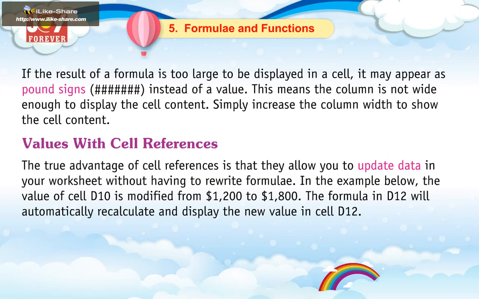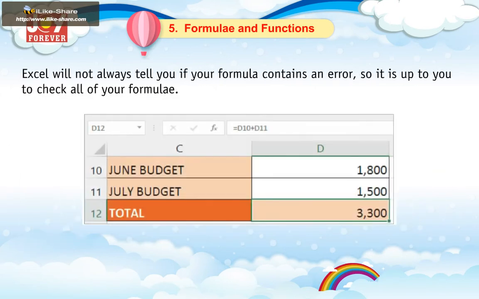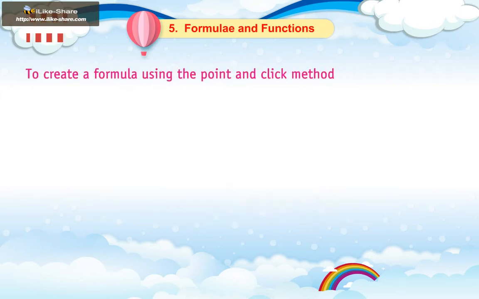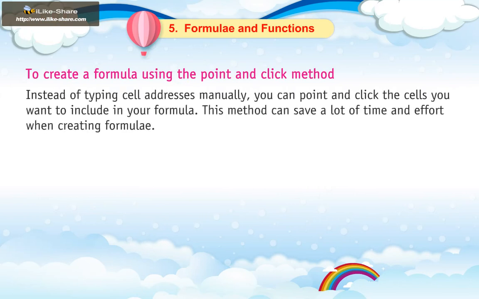The formula in D12 will automatically recalculate and display the new value in cell D12. Excel will not always tell you if your formula contains an error, so it is up to you to check all of your formulae.